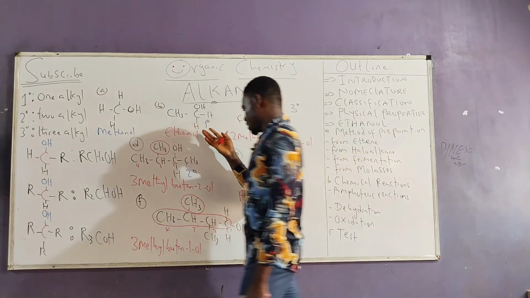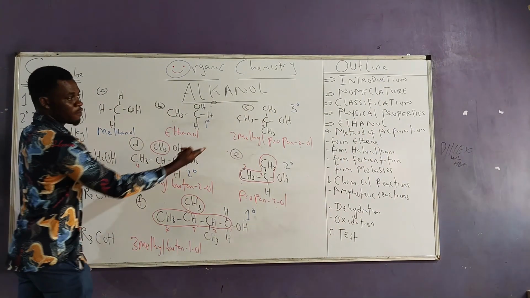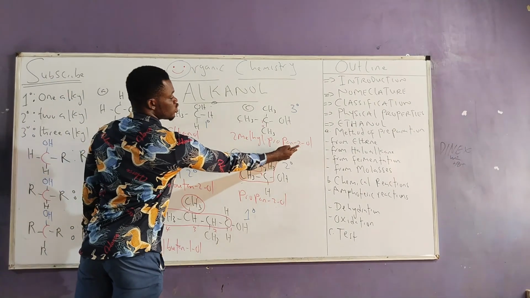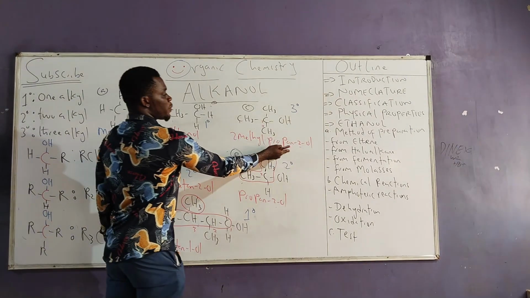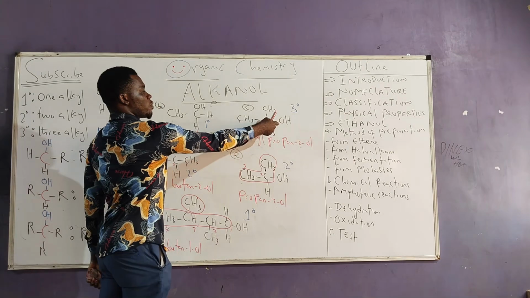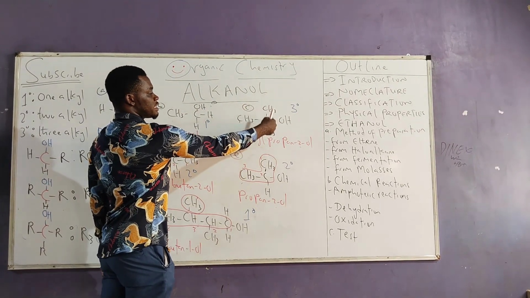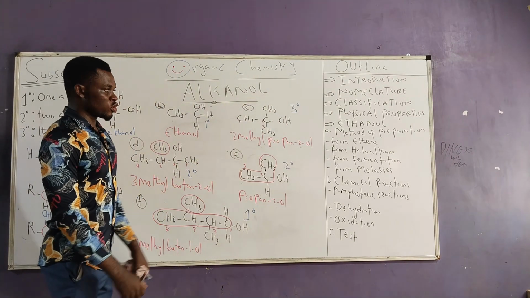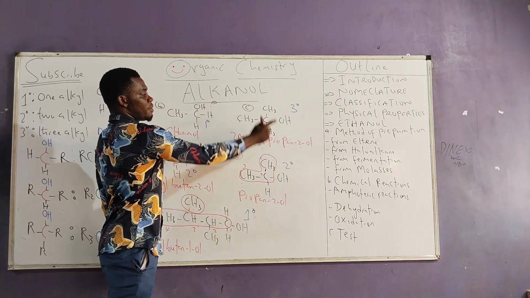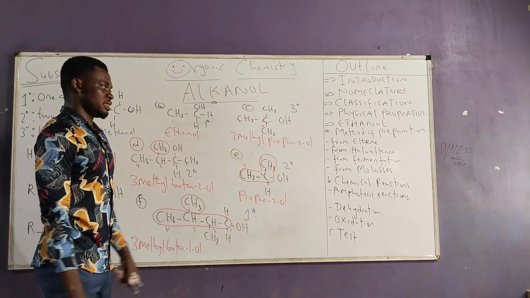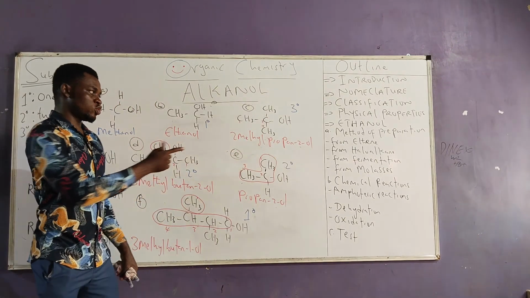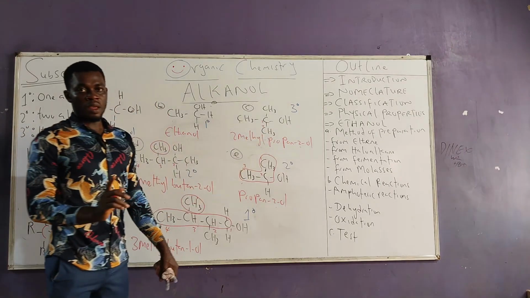So for example, we have 2-methyl propan-2-ol. The OH group and the alkyl group are on the same carbon atom. So for that reason, this alkanol is tertiary. So 2-methyl propan-2-ol is tertiary.